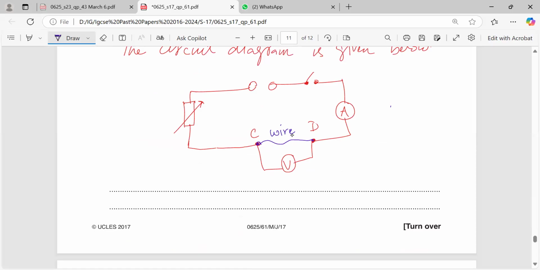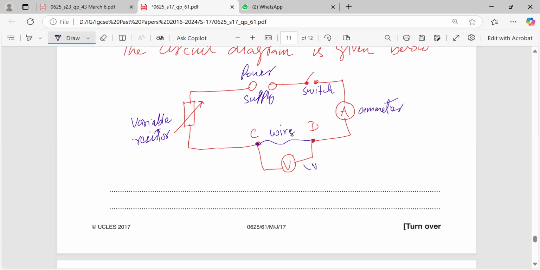Better to label this circuit diagram. This is the variable resistor. At least it will be a 2-mark diagram. This is the power supply. Even though you can say power source, they said power supply, so you will say only power supply. This one is a switch. Here is an ammeter in series.